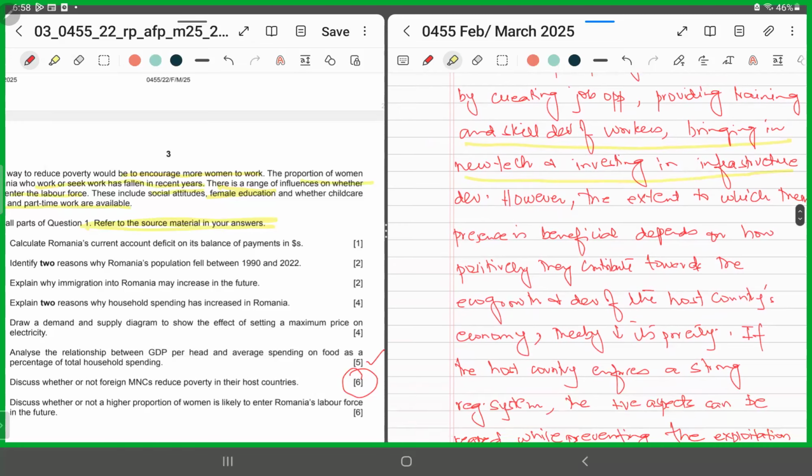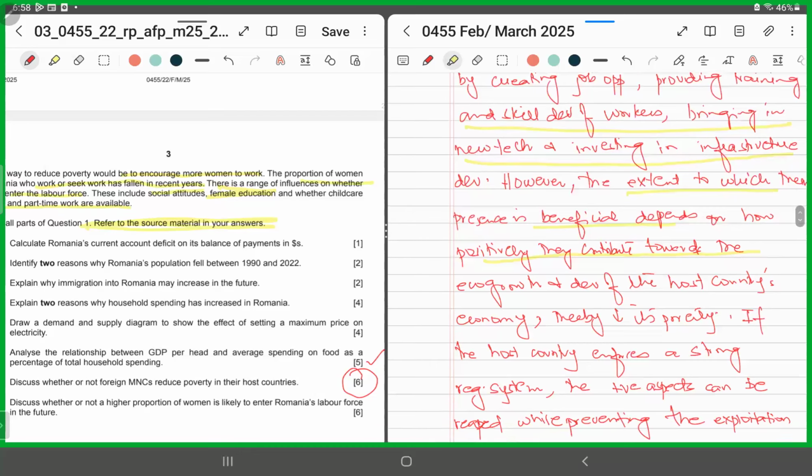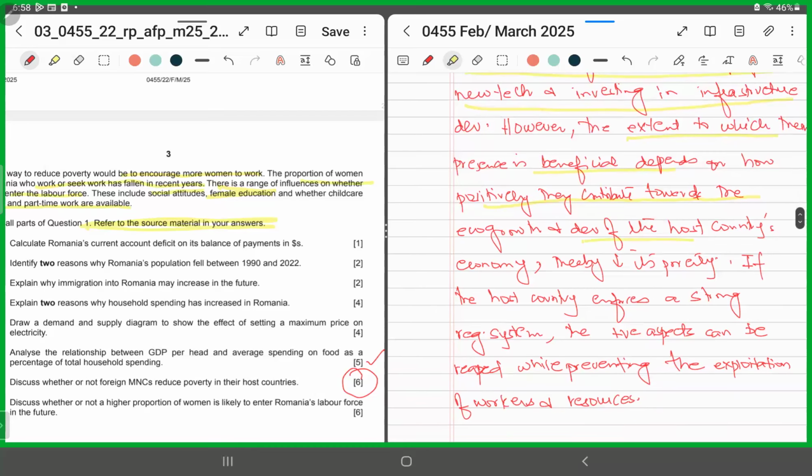However, the extent to which their presence would be beneficial would depend on how positively they contribute towards the economic growth and development of the host country's economy, thereby reducing its poverty. If the host country, and this is a very important part, enforces a strong regulatory system, the positive aspects can be reaped while preventing the exploitation of workers and resources.